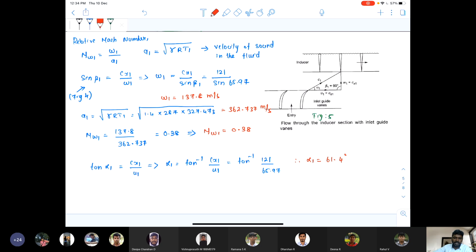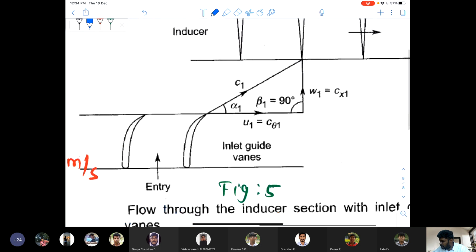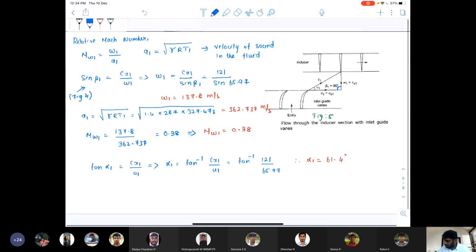On calculation you get alpha 1 as 61.4 degrees. And here you can see the value of beta is equal to 90 degrees. From this we know that this is case 2.